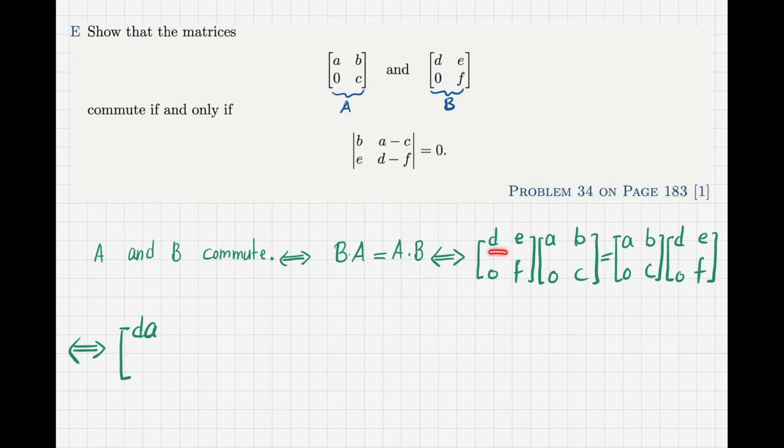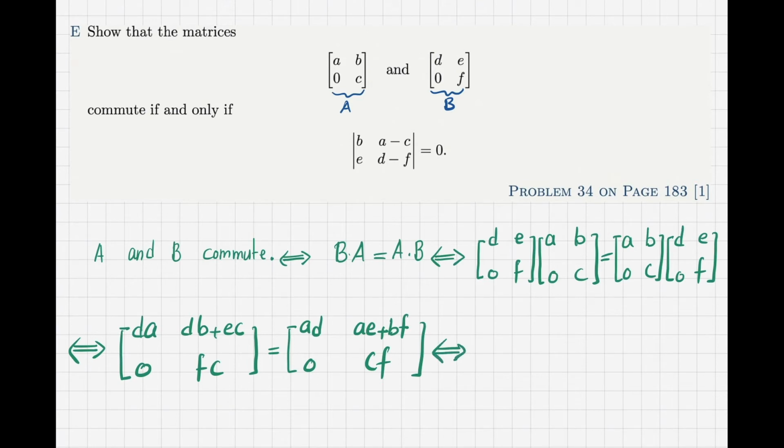So D by A, E by 0, and add them. So it becomes DA. And the next one becomes DB plus EC. And the next one is 0 times A plus F times 0, which is 0. And then 0 times B plus F times C. This is equal to, and then I multiply the right hand side. It becomes AD. And then the next one becomes AE plus BF. And the next one is again 0. And then I will have finally CF.